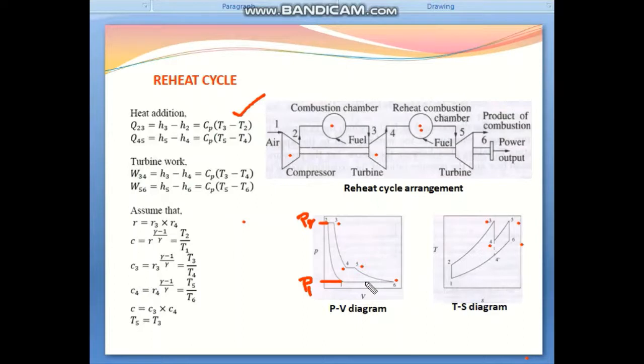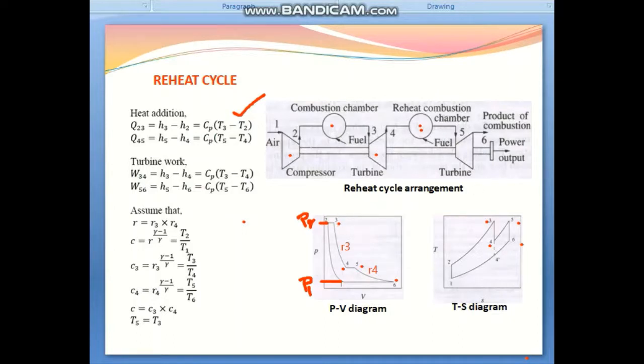Now what is R3 and what is R4? The R3 and R4 values are also the pressure ratios on the expansion side. R3 is the value of P3 by P4. This is the P3 or P2 value.